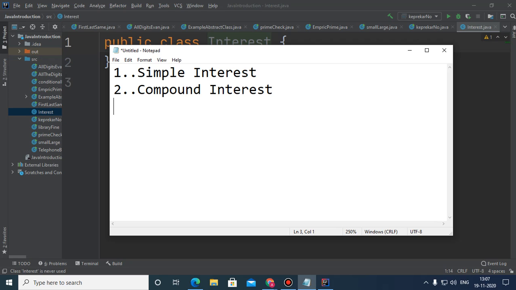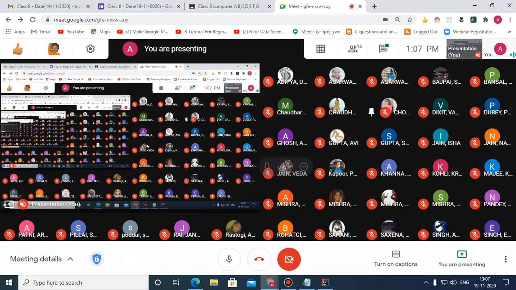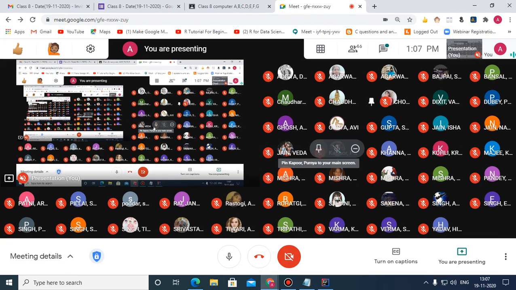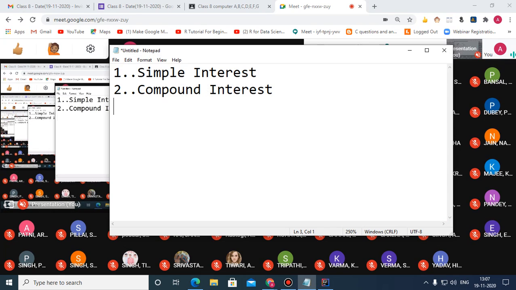I hope that everybody knows the formula of simple interest, that is P into R into T by 100, and the formula for compound interest also. If anybody doesn't know, please tell me.